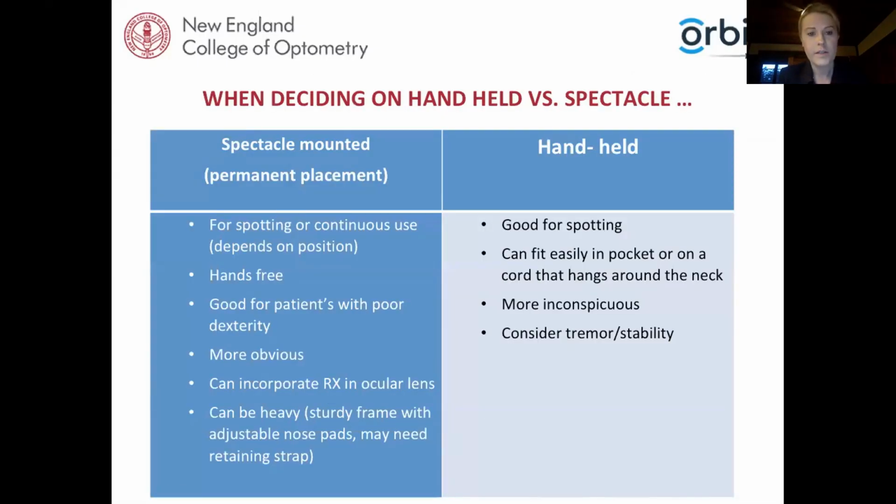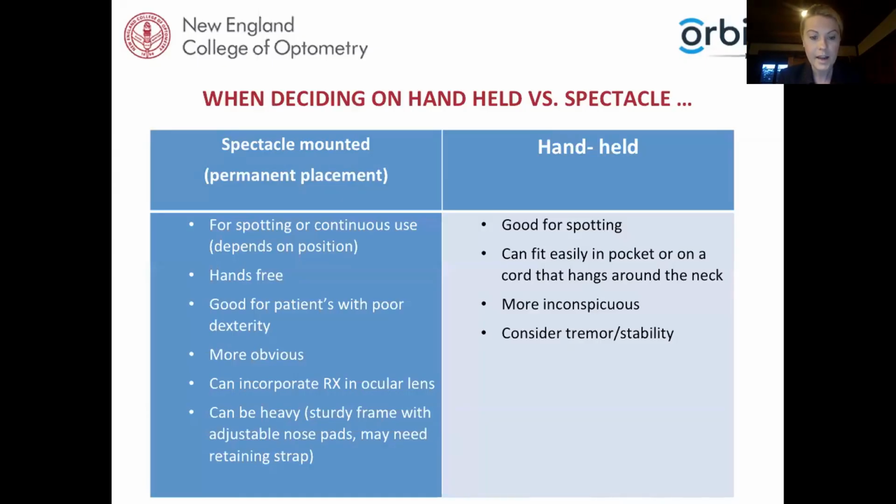In general, spectacle-based systems are really helpful for spotting, or really for continuous use tasks. For some spotting tasks, you can put it just at the top of the glasses in a bioptic position, but really hands-free tasks require a spectacle-mounted system.